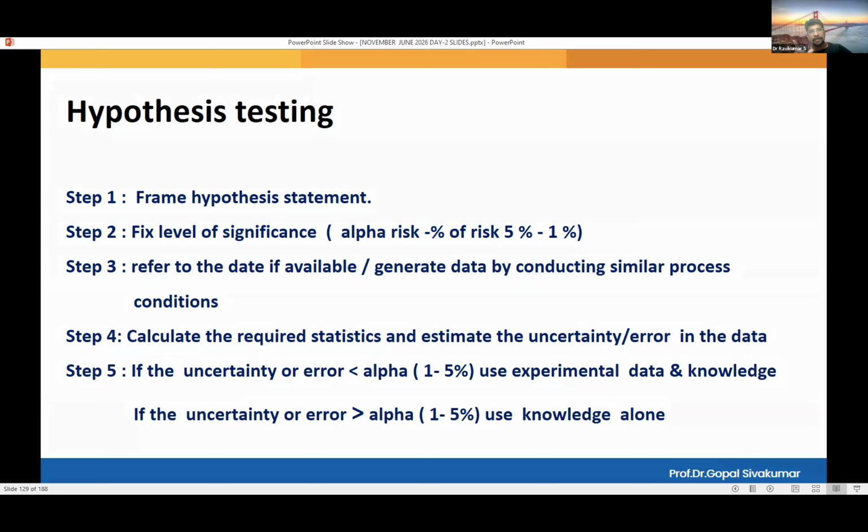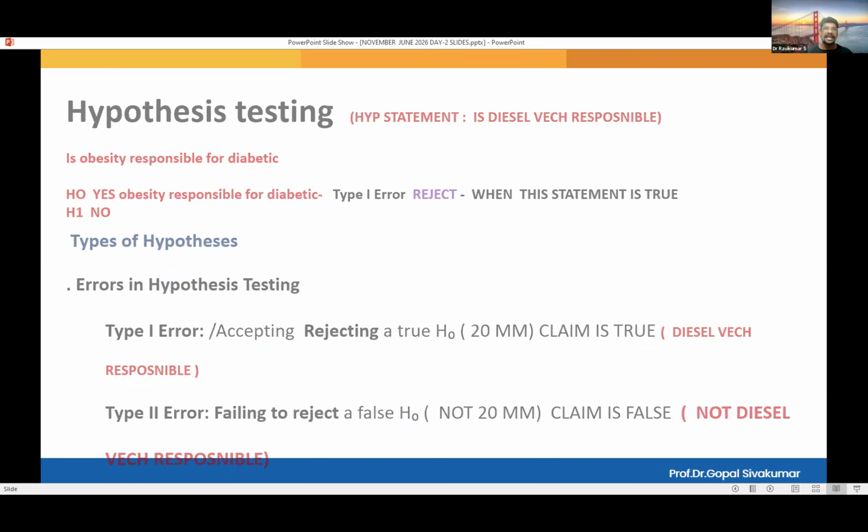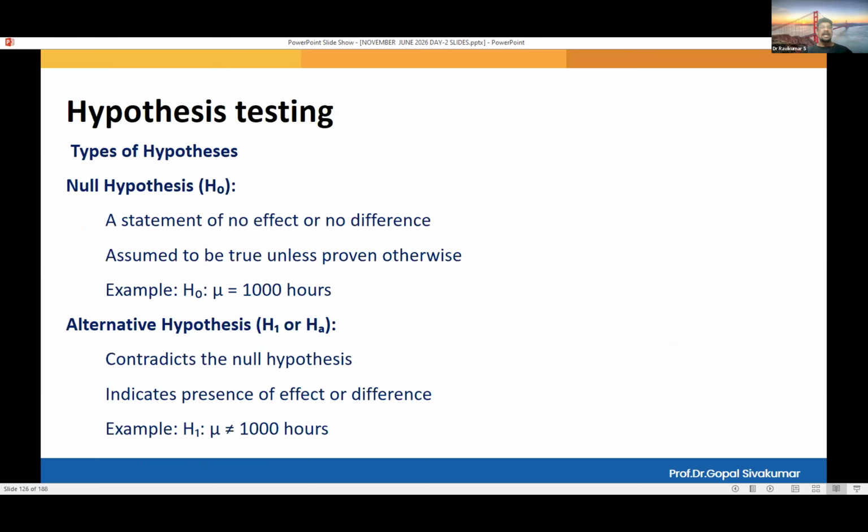What is a hypothesis statement made by the doctor? The doctor maybe said there is a cancer case, suspecting cancer: the health is affected because of cancer. Like this, you have to create a hypothesis statement. We have two types of statement.